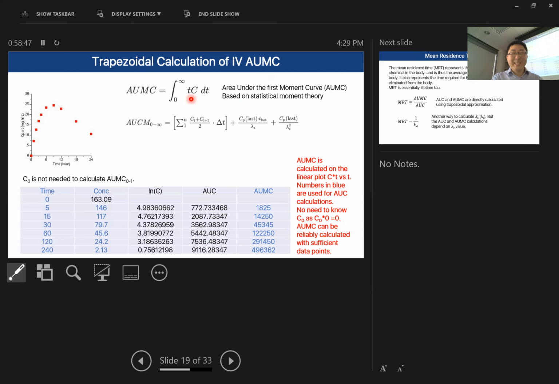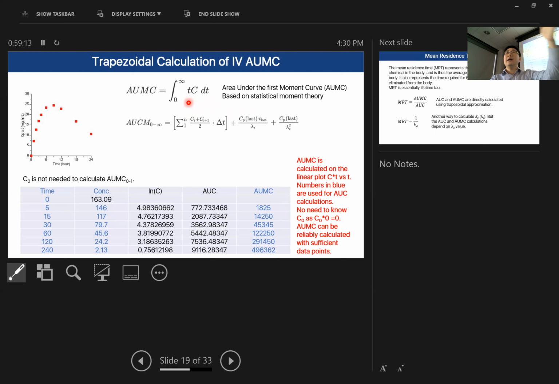But the definition is basically that the y-axis is the concentration times time. See, this is basically the AUC, right? Now they plot that against time. I know it's confusing, but for the expression, it's easy to understand.